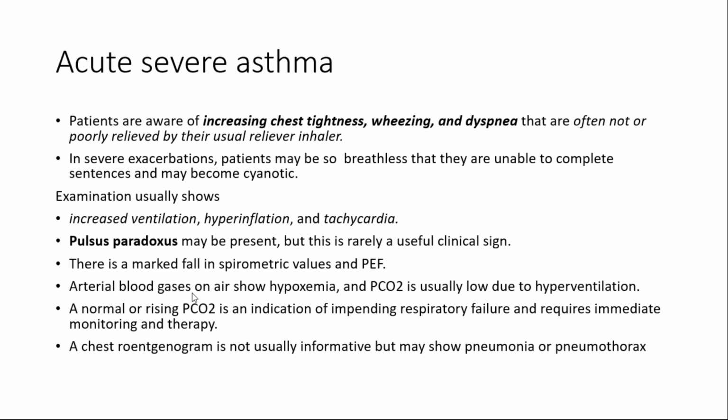One of the most important investigations is ABG, arterial blood gas analysis. That helps us in telling the level of carbon dioxide and oxygen. If there is an associated increase in carbon dioxide level, you should also suspect acute exacerbation of COPD. In acute severe asthma, there is no rise in PCO2 level.